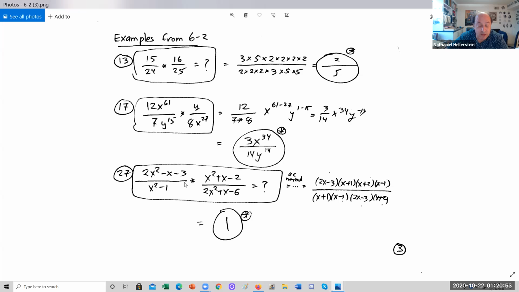Now, here's an amusing one. 2x squared minus x minus 3 over x squared minus 1 times x squared plus x minus 2 over 2x squared plus x minus 6.